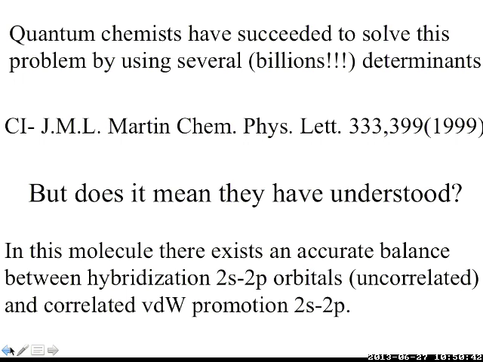So the real problem in this molecule is that the hybridization between the 2s and 2p orbitals is a key ingredient, and this can be understood without correlation because also Hartree-Fock can hybridize. But together with this, there is the correlated van der Waals interaction, and dealing with the two altogether in a consistent approach, so far, you cannot do.